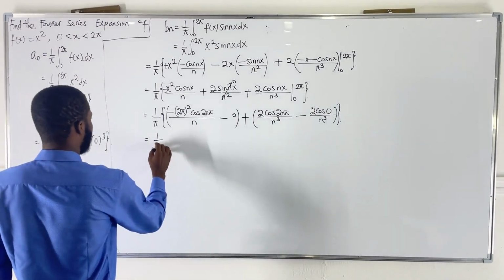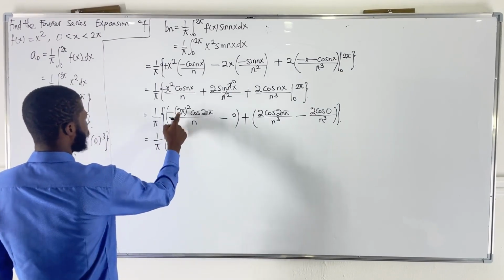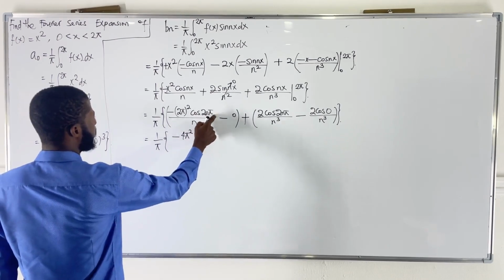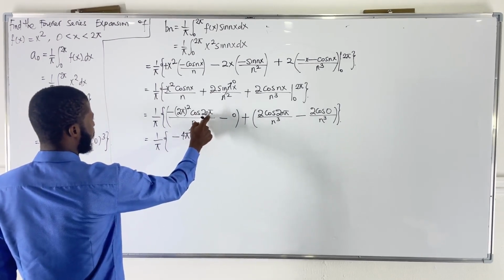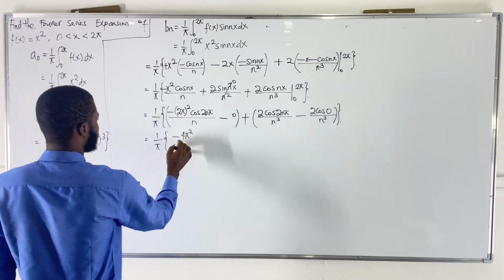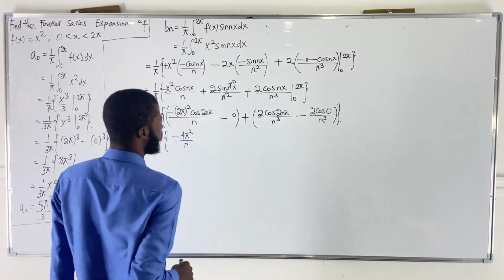So this is 1 over pi. Then this is minus 2 pi squared, which is 4 pi squared. Cos 2n pi is 1. That's a special value. Cos 2n pi is 1. So 1 times anything is that same thing, divided by n. So that's for this part. The minus 0, just take it away.